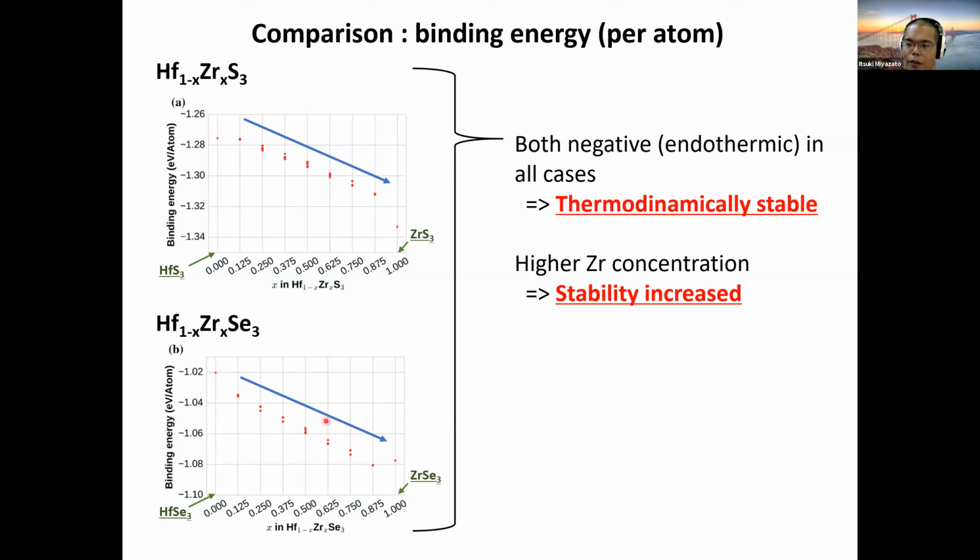Therefore, all bare and doped structures of the HfS3 and HfSe3 monolayers are stable. Additionally, zirconium doping stabilizes the structure as zirconium concentration increases, in both HfS3 and HfSe3 cases. You can see the energy dropping as a result.